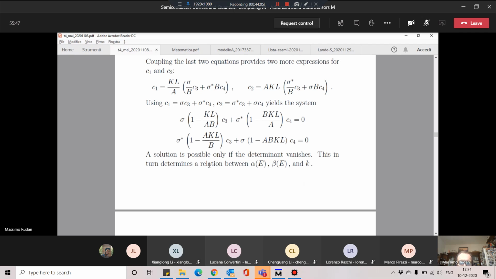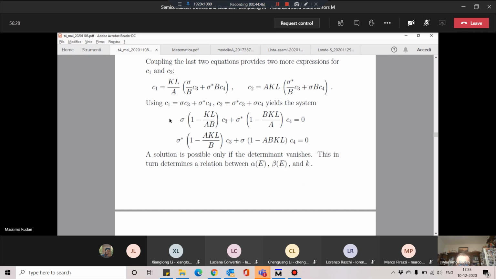So the important point to be understood is that when we solve for the coefficients C1, 2, 3, and 4, okay, we are solving an algebraic system, and the algebraic system is visible on the page, okay? All those quantities K, L, A, B, etc. are given, are parameters that contain energy and K, okay? And the unknown parameters are C3 and C4. So we have a 2 by 2 algebraic system to be solved, but this algebraic system is homogeneous.